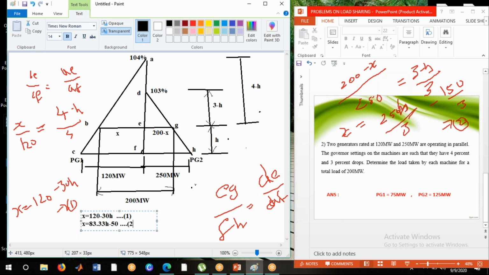This is equation 2. Simplify equations 1 and 2, then find the value of X, equating 1 and 2.